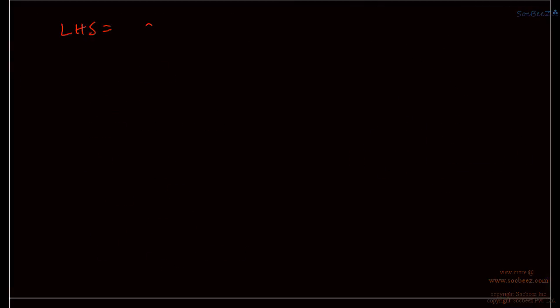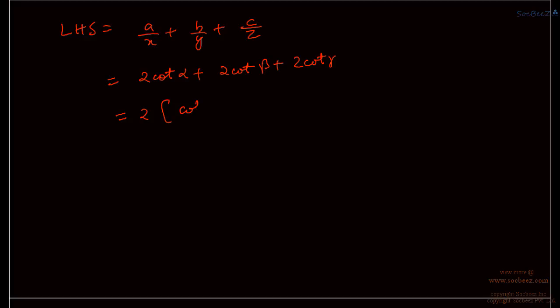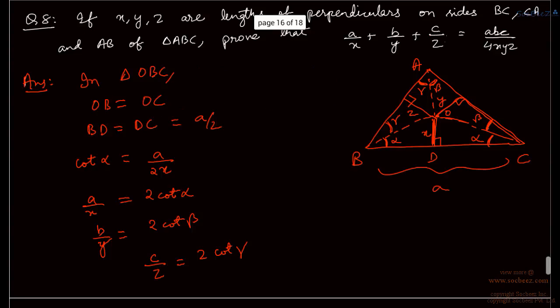So the LHS is A by X plus B by Y plus C by Z. It gives me 2 cot alpha plus 2 cot beta plus 2 cot gamma. 2 times cot alpha plus cot beta plus cot gamma.